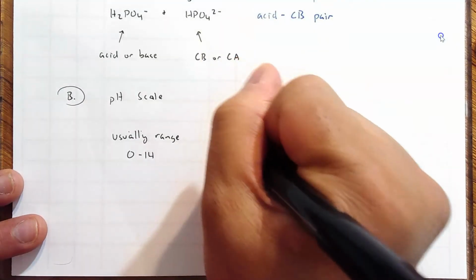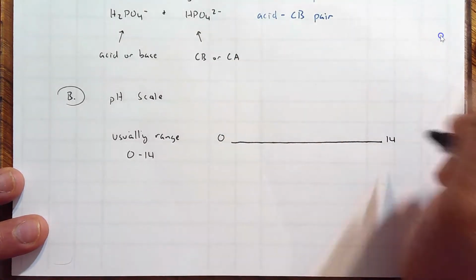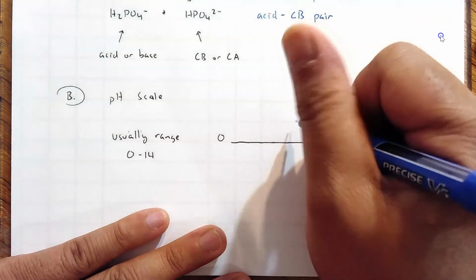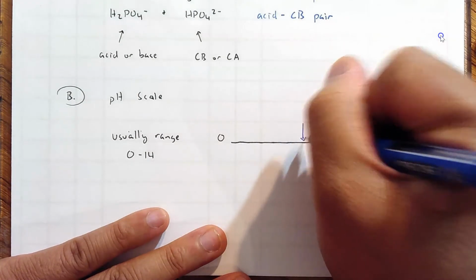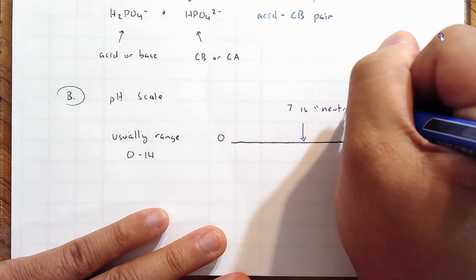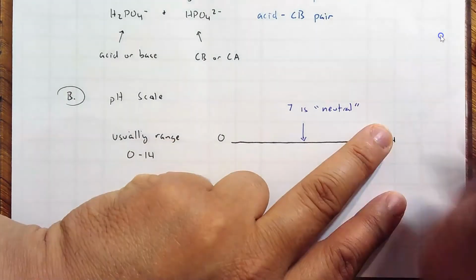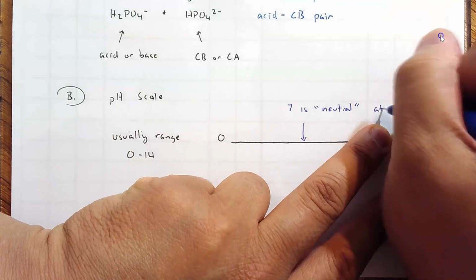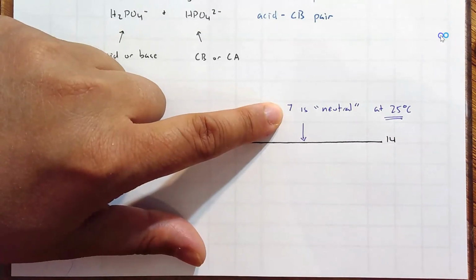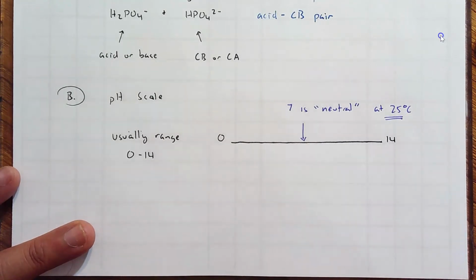Let me draw the scale, 0 to 14. Let's start with 7 actually. 7 you've heard possibly is neutral pH. Now I won't go into detail exactly what that means, but also this is at 25 degrees C. When you change the temperature, actually the value of a neutral pH changes. Again, we'll get into those details a little bit later in future videos.